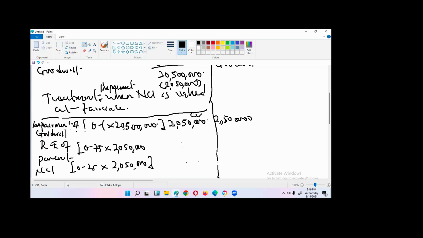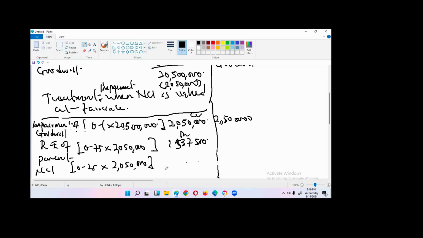Then, how much is the parent collecting from the impairment? 75% of this. What does it give us? 1,437,500. So I will debit this to the parent account. Then the remaining balance will go to the NCI.